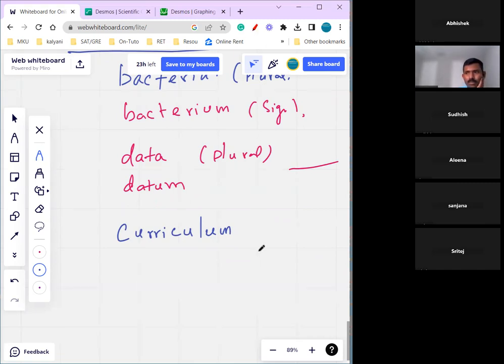Okay. So the curriculum is one, which is singular. And then the plural for this one is curricula. Curricula is the plural form.